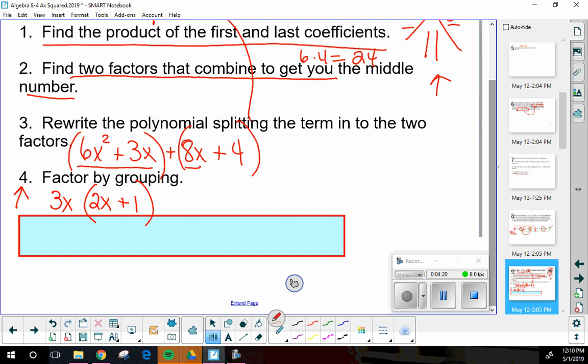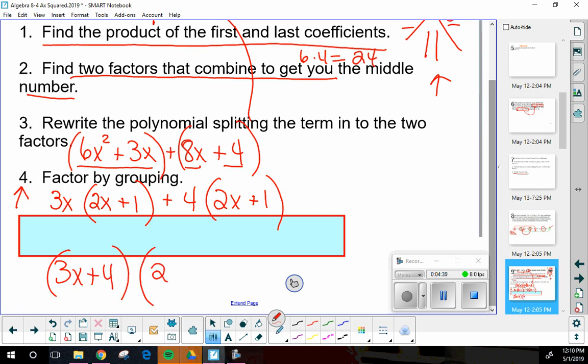And in this one, my greatest common factor is going to be a 4. So I would do 2x plus 1 here. And now you see that I can go ahead and factor this out to be 3x plus 4 times 2x plus 1.